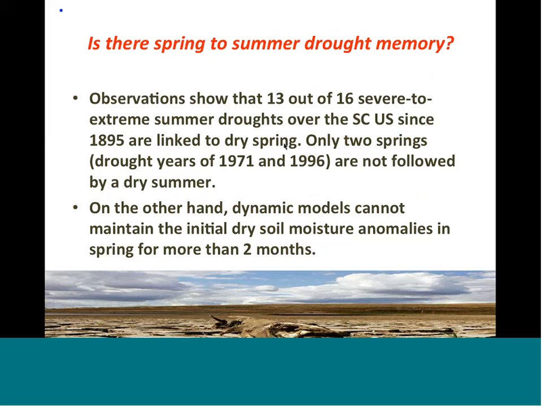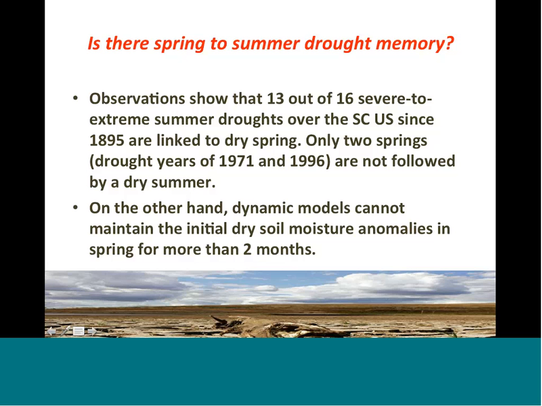Before we move into discussion of the mechanism, I would like to show a little bit of statistics. We looked at how many summer drought events can be linked to spring dryness during the past more than 100 years. Among 16 severe to extreme droughts over Southern Great Plains, 13 are linked to spring dryness.